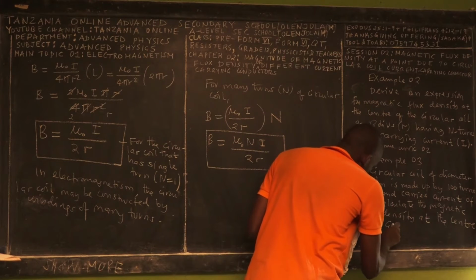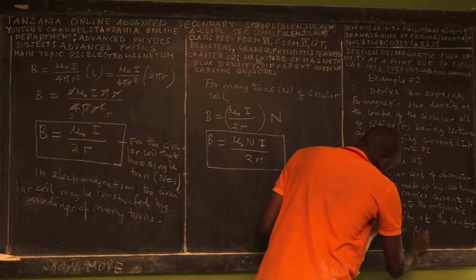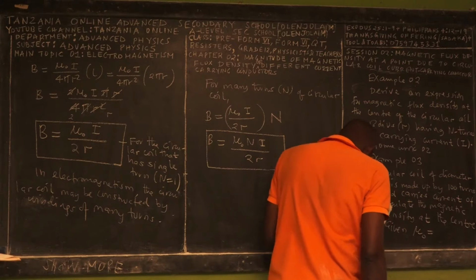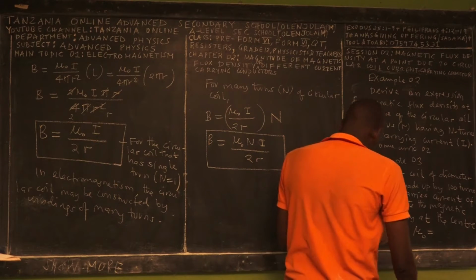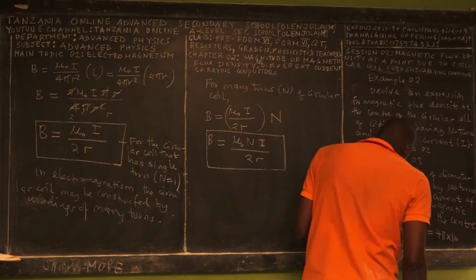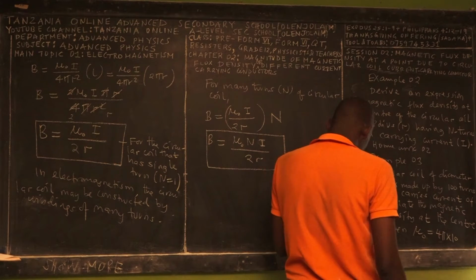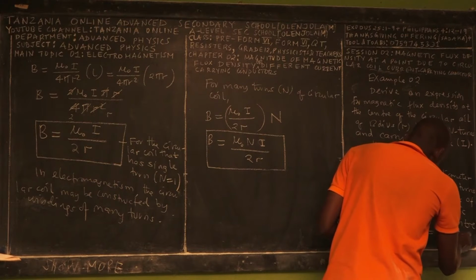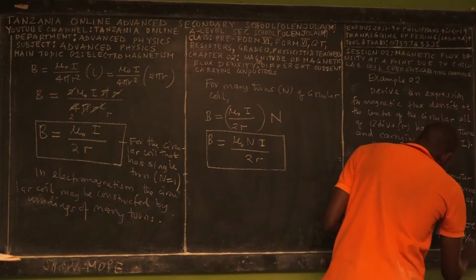Given the permeability of free space is equal to 4 pi times 10 to the power -7 Henry per meter.